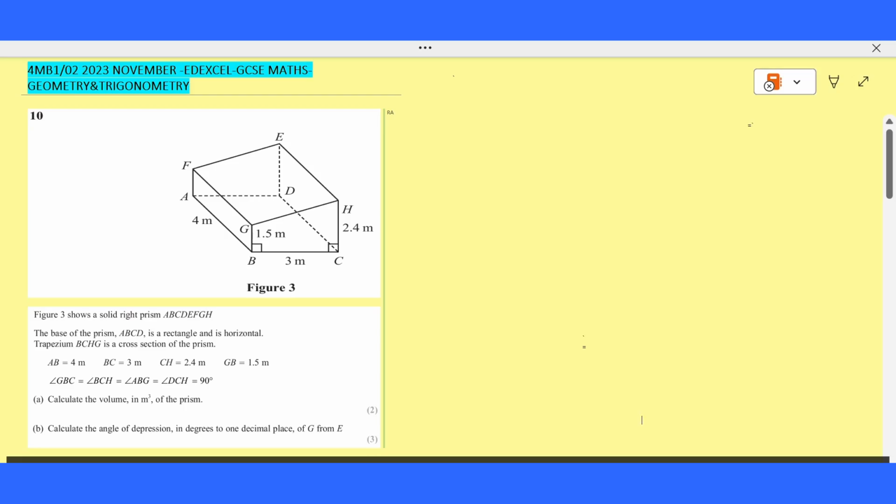Okay, B. So now guys, we have a question B. Calculate the angle of depression in degrees to one decimal place of G from E. How do we do this? First, we have to make the angle EGN. So then we draw the line GN, with FGMN parallel to ABCD, and connect G to N, so we will get the angle GEN.